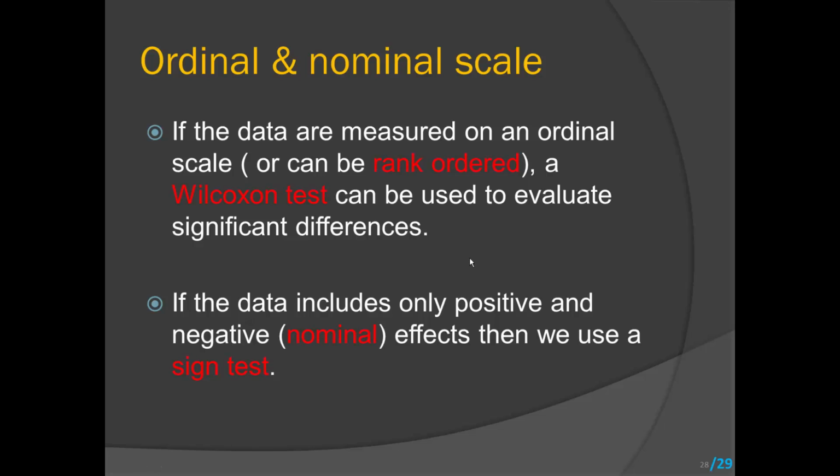And finally, if there is a specific situation in which we don't have scores or grades for our participants and we only have their ranks, we use the Wilcoxon test. And if the situation is even worse and we don't even have the ranks and we only have a nominal scale like pass and fail or yes and no, then we use the sign test instead of ANOVA or t-test.